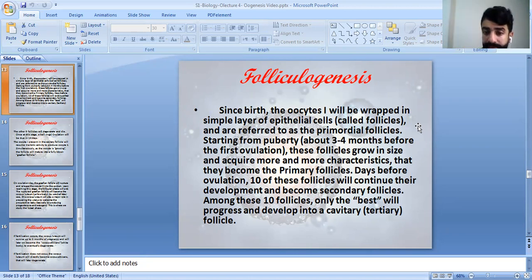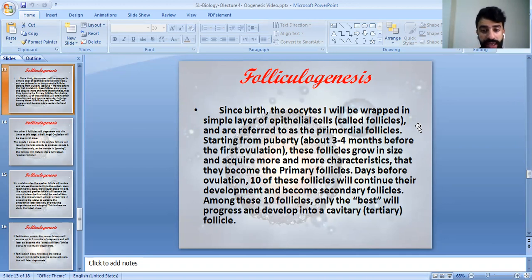Primary will become secondary follicles. Only the best one of these 10 will develop from secondary into the cavitary, which is called the tertiary follicle. I will repeat it. First, since birth, oocyte 1 is covered with the primordial follicle. 3 to 4 months before first ovulation, starting from puberty, the primordial follicle will develop into primary follicles.